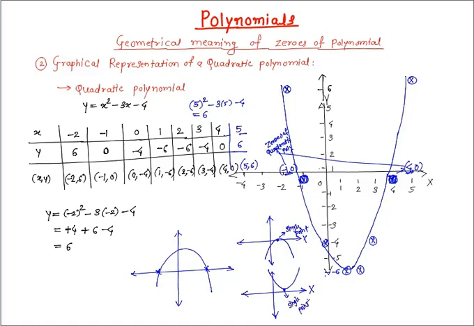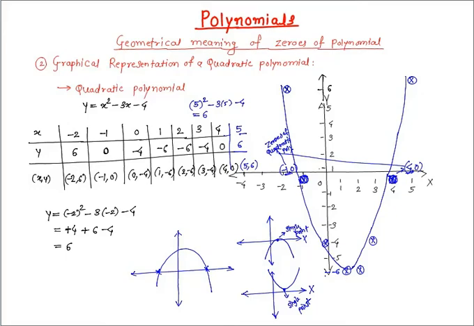So how many zeros of the polynomial will there be? There will be only a single zero for these types of parabola touching the x-axis at only a single point.